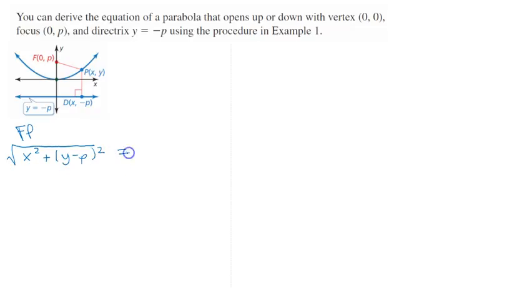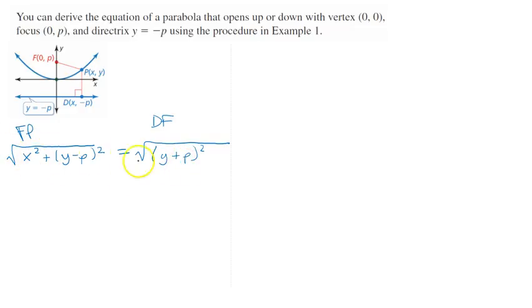And this is going to be equal to the distance between D and P, which is the square root of x minus x is 0, so we don't have to do anything there, and y minus negative p is y plus p, and then we square that.